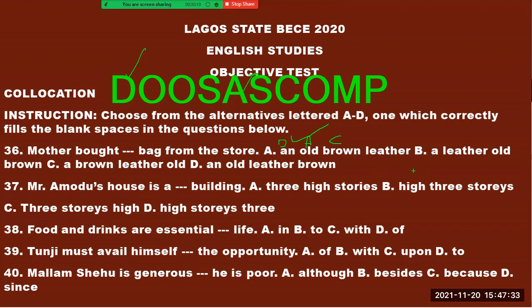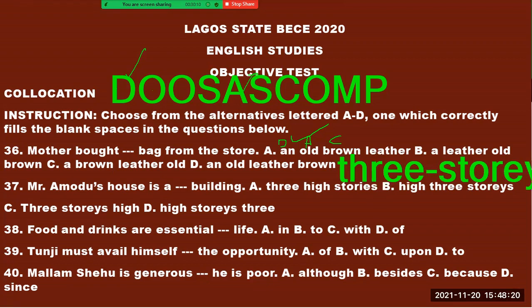Something has to be understood here, because when you talk of a 3-story building, normally one could put the 3-story like this. You can see this is the way it is written.